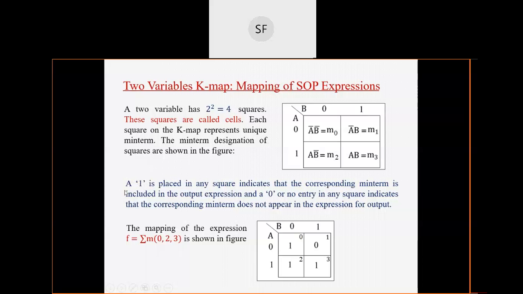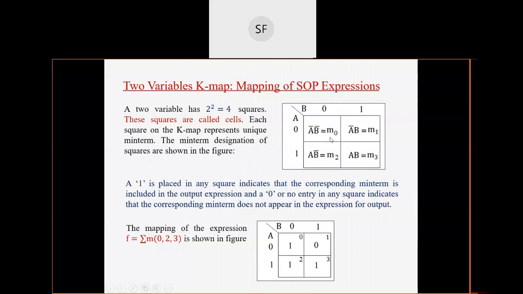Now, one more important point you should remember, that 1 placed in any square indicates that the corresponding minterm is included in the output expression. अगर आपके इस each cell में, minterms will have either the value of 0 or 1 only, M0, M1, M2, M3. ओके. तो अगर आपके फंक्शन में ये मिन टर्म m0 प्रेजेंट है तो आपको 1 यहाँ पे पुट करना पड़ेगा.